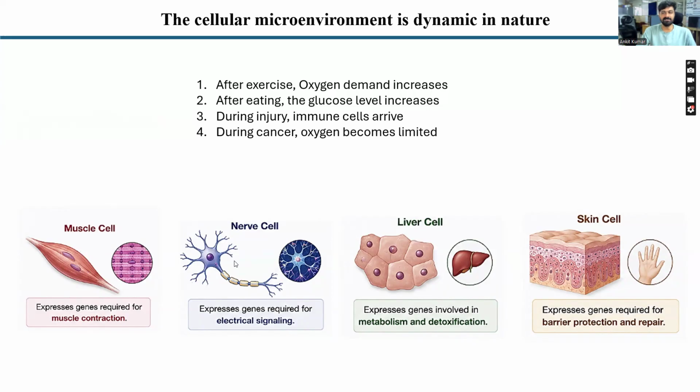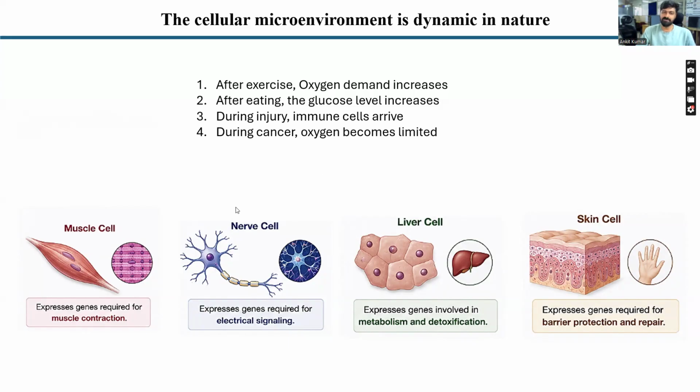Then there come the nerve cells. Nerve cells express genes when there is a requirement of electrical signaling. Then the third one is the liver cell, which expresses genes involved in metabolism and detoxification. Then skin cells express genes when there is a requirement of barrier protection and repair.